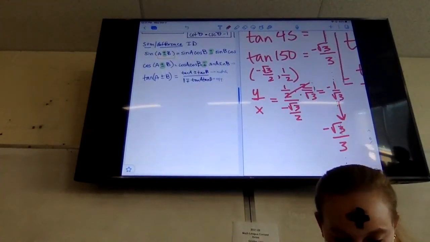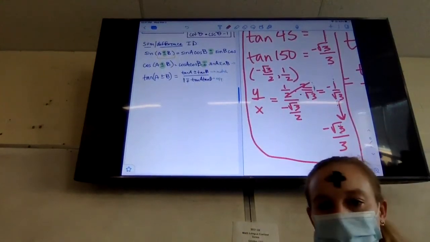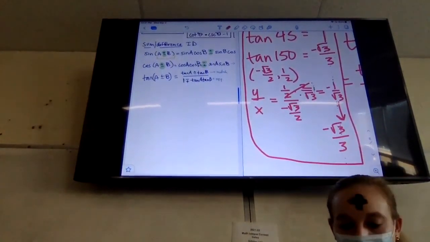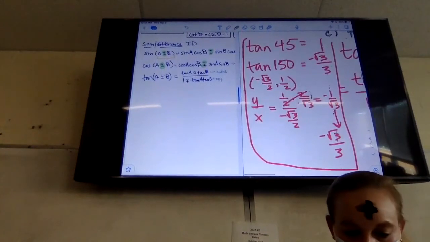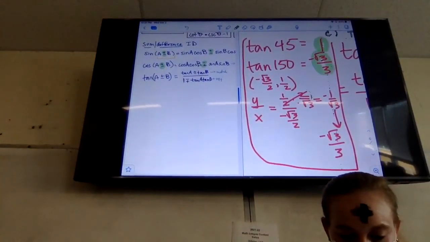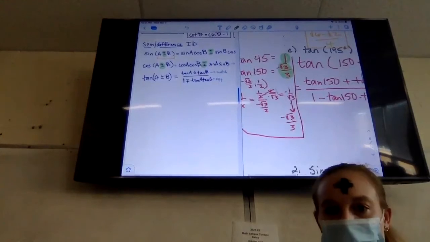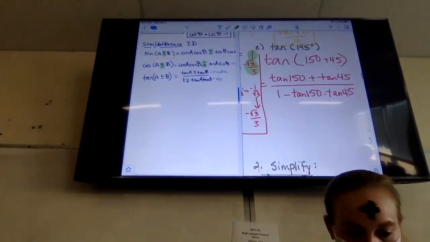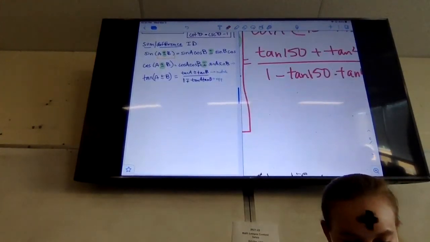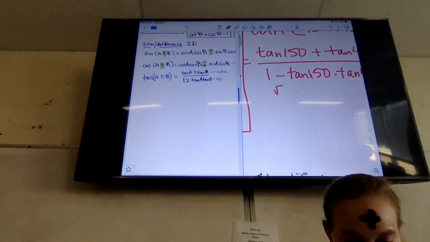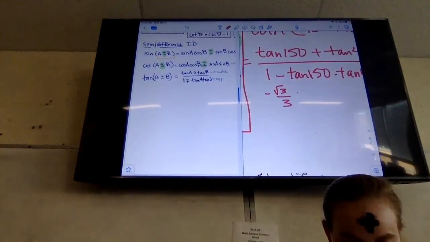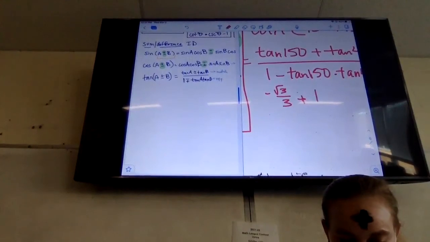Again, this was an old skill, so you should know this, or you should at least be able to go back and look at something else to practice. But I'm going to take these two numbers and plug them in to tan of 45 and tan of 150. So we just said tan of 150 was negative root 3 over 3. Tan of 45 is 1.